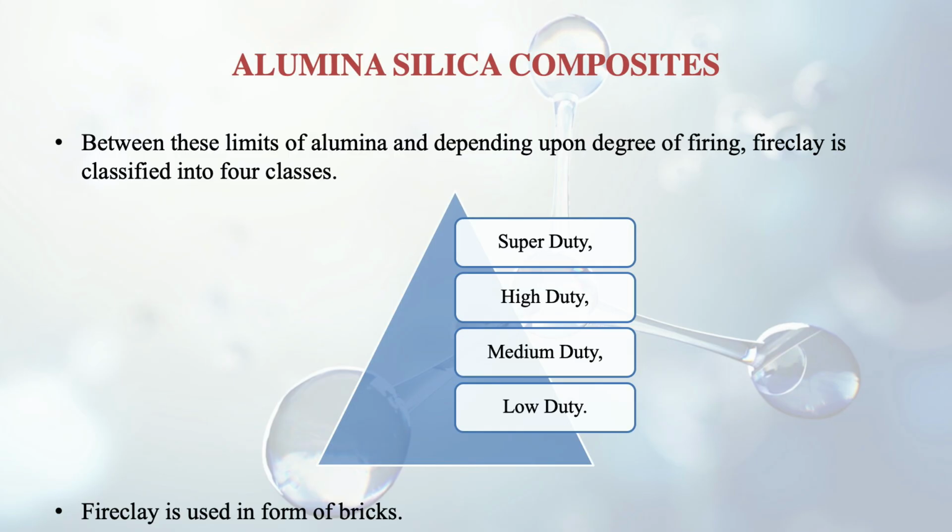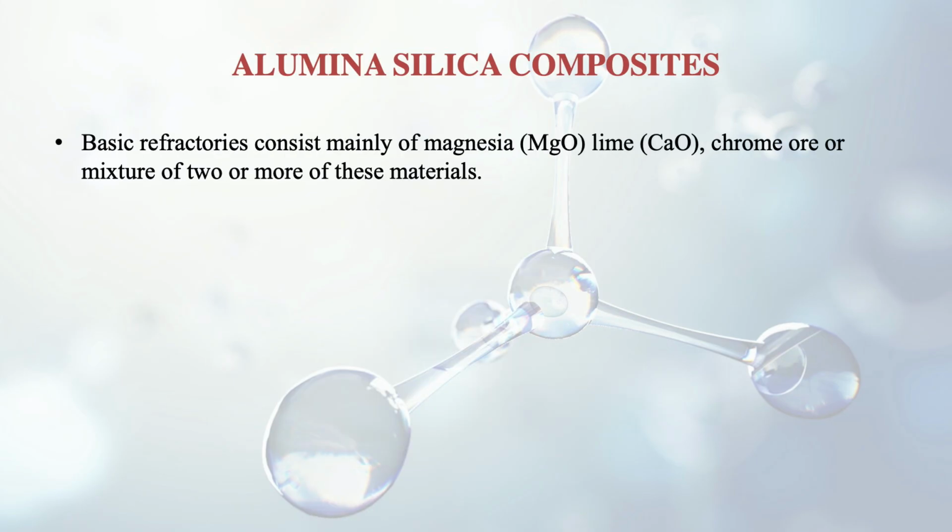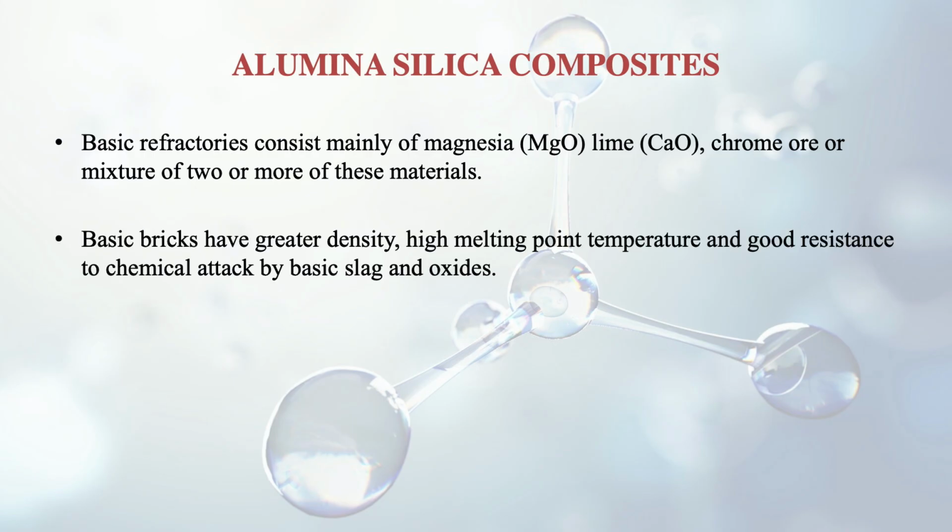Further moving on, there are magnesia and lime, that is MgO and CaO. They are used for basic refractories. Basic bricks have greater density, high melting point temperature and good resistance to chemical attack by basic slag and oxides because of this magnesium oxide and calcium oxide.